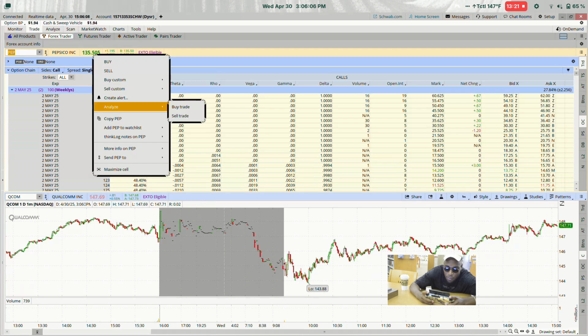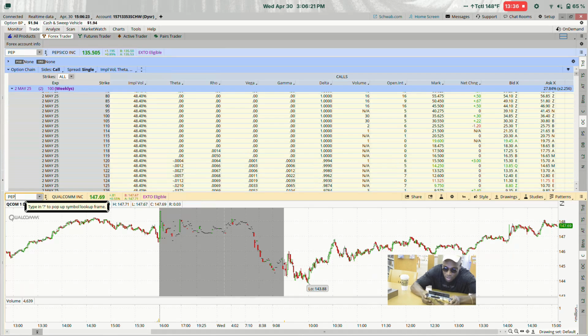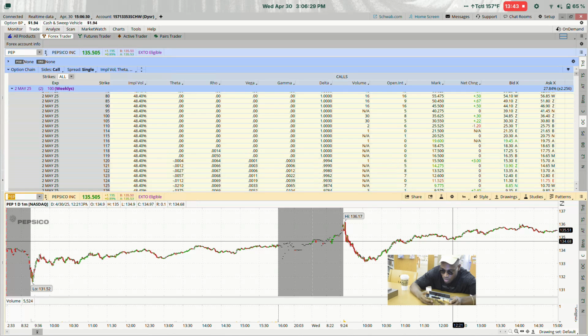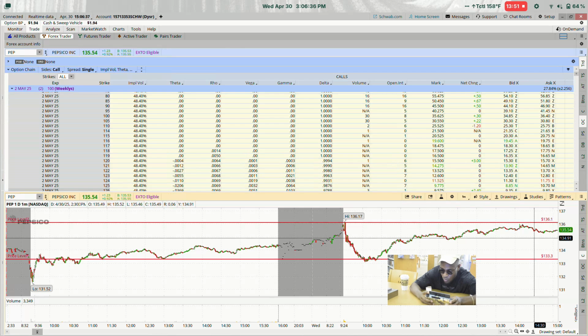But right where you see the buy, at the top left, where it says 135.05, that's the Pepsi. If I put Pepsi on the bottom of this chart, you'll see the Pepsi chart. It went up to 136, then down to 133, what I was telling you earlier. Boom, so 133, and it went up to 136 as the highest, and right now it's at 135.